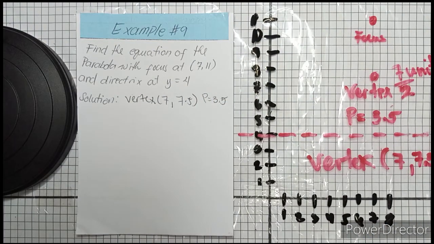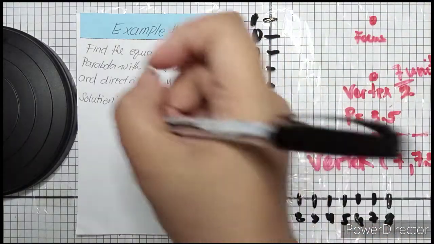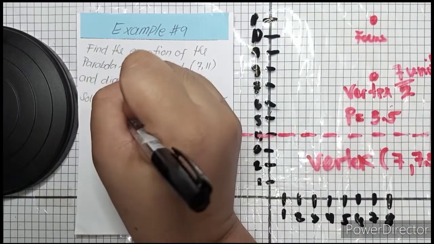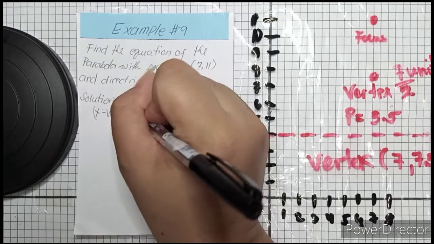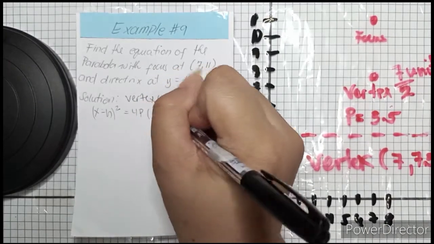Okay, now, makikita natin dyan na ang ating parabola ay going upward ulit. Kasi ang ating focus dapat ay nasa loob ng parabola. Hindi siya nasa labas. Okay? So, for this one, ang gagamitin nating formula is (x minus h) squared is equal to 4p (y minus k).